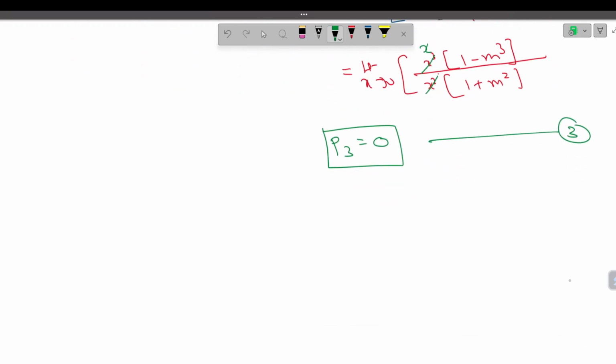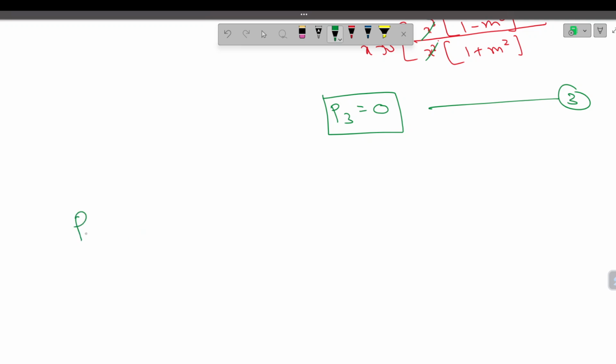Now we'll go for P4. P4 is the limit along the curve, x tends to 0, of (x cube minus y cube) by (x square plus y square).